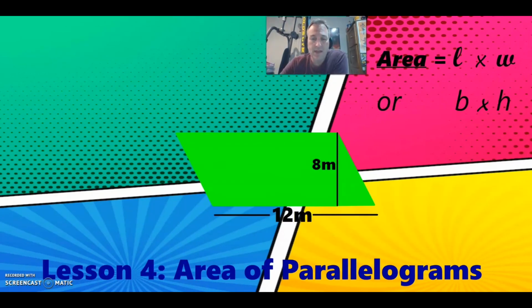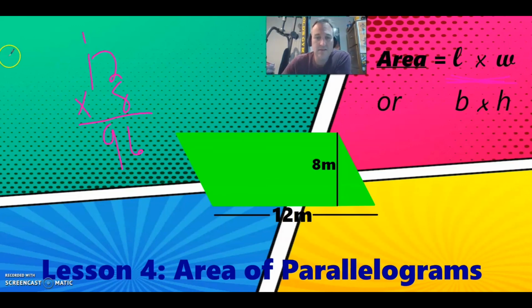So here we have a parallelogram that has a base of 12 meters, this is the base, and a height of 8 meters. Using our basic area formula of length times width right up here, you would take 12 times 8, and 8 times 2 is 16, and 8 times 1 plus 1 is 9, so you get 96.